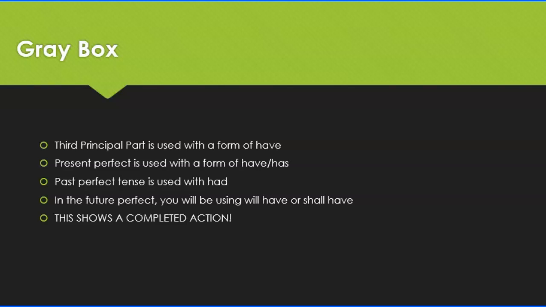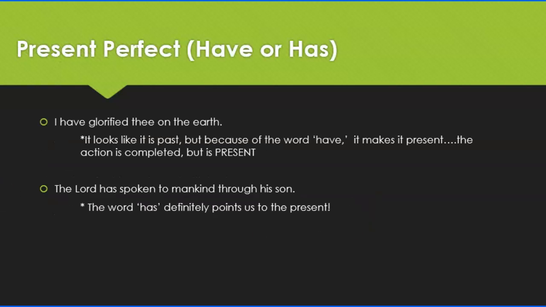And in the future perfect, you will be using will have or shall have. So your clue words are have and has, had, will have, or shall have. And this shows a completed action. And it can even look like the action is still going on.